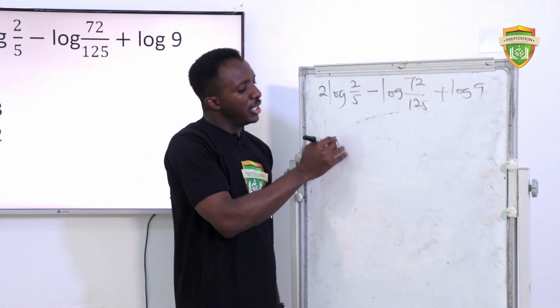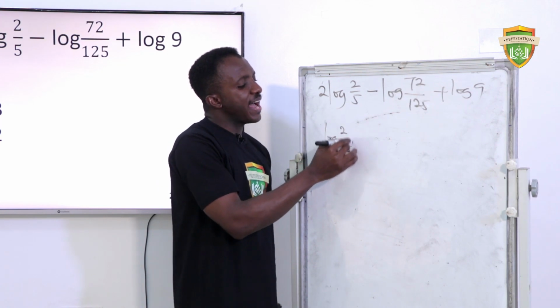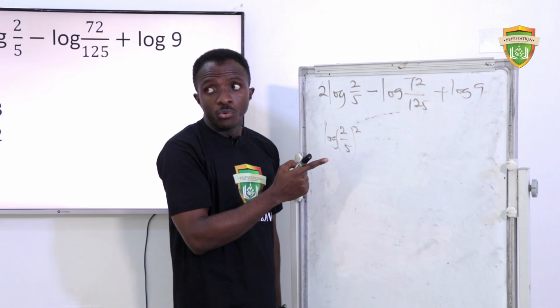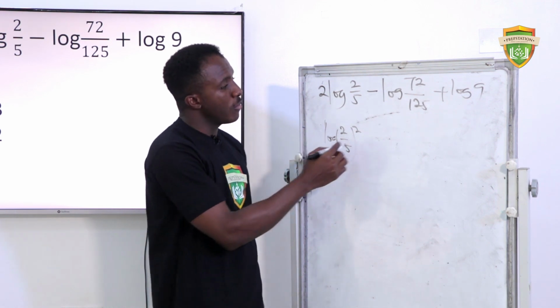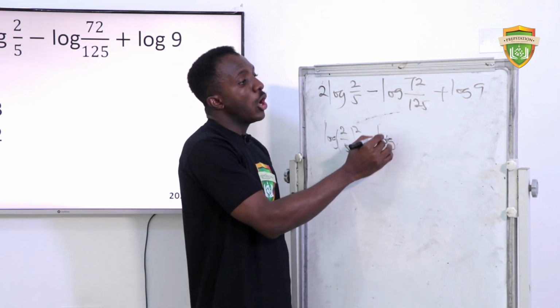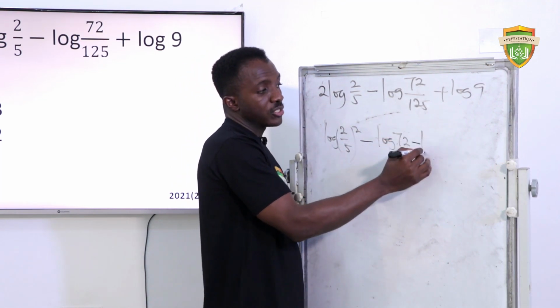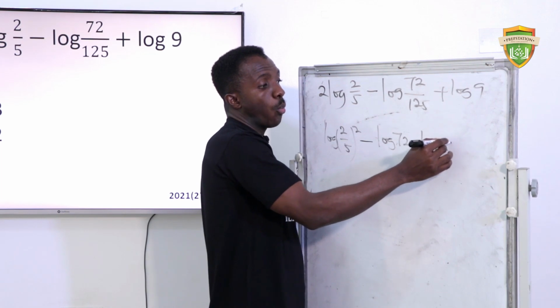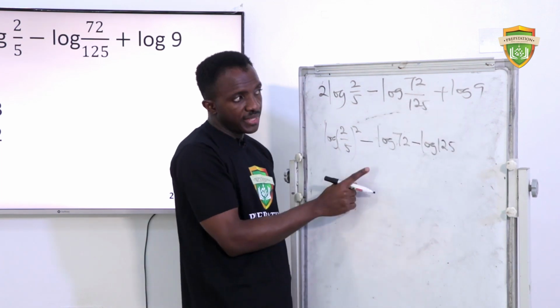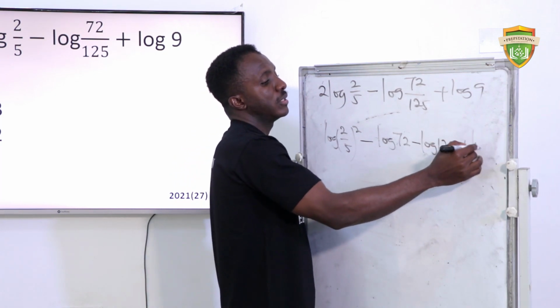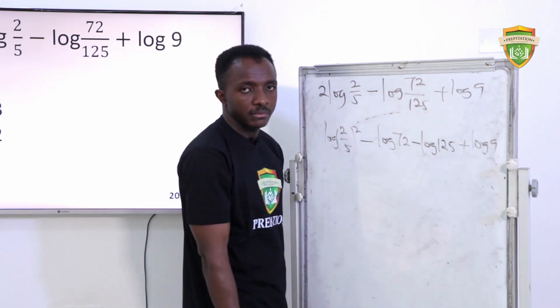So this will give me log 2 over 5 raised to power 2, one of the laws of logarithm I gave you. Log 2 over 5 raised to power 2 minus log 72, look at this, minus log 125. Look at that, very important. And then we have plus log 9.